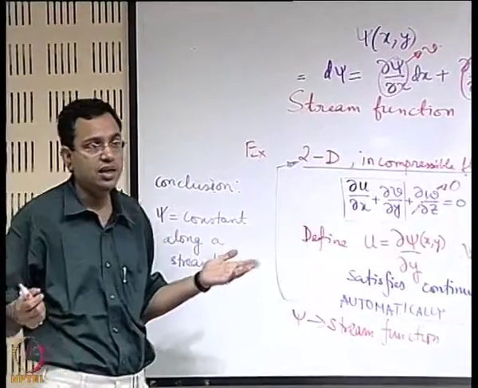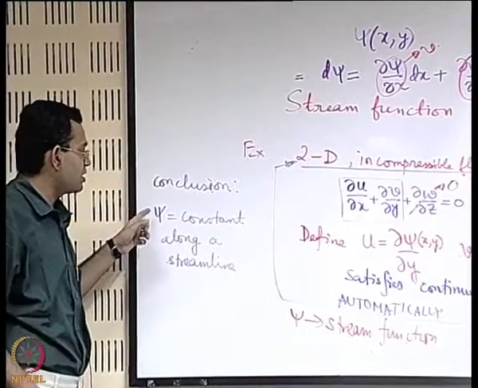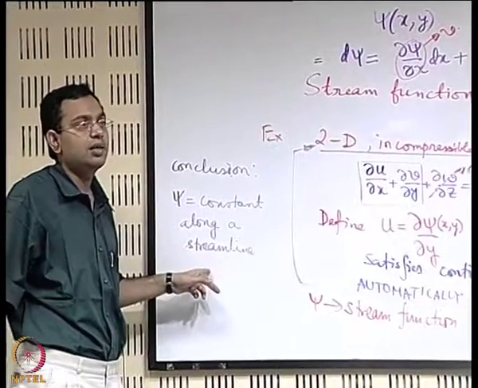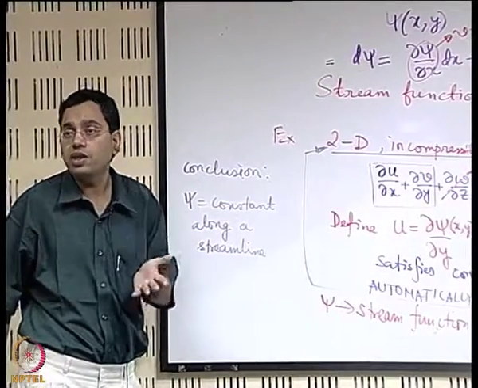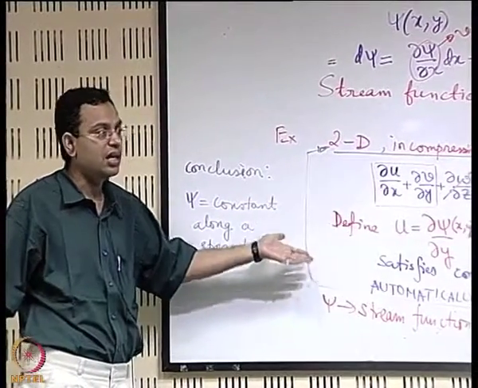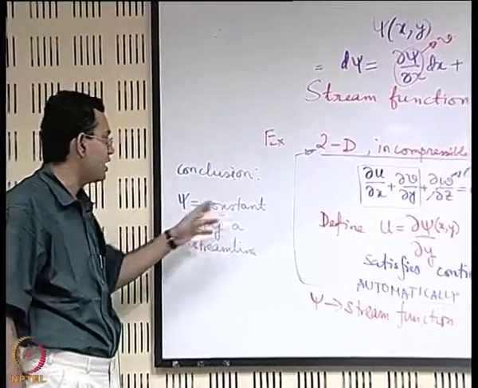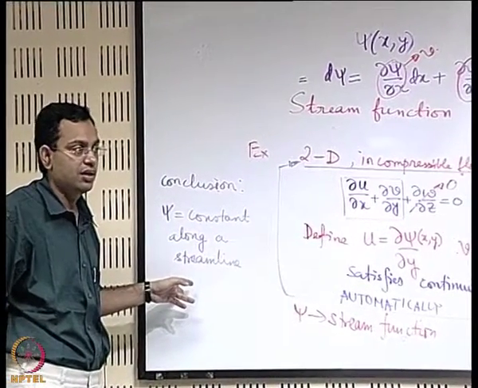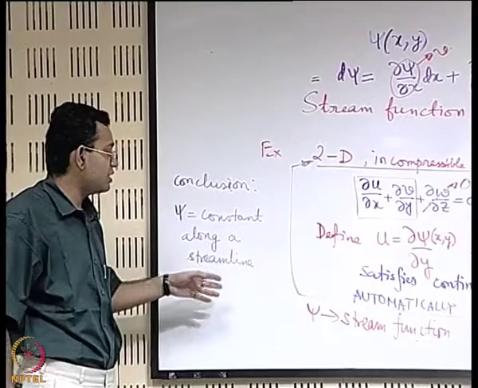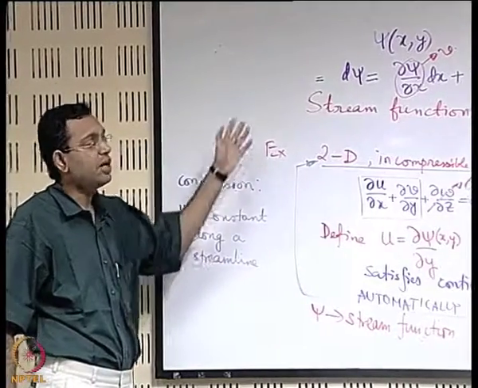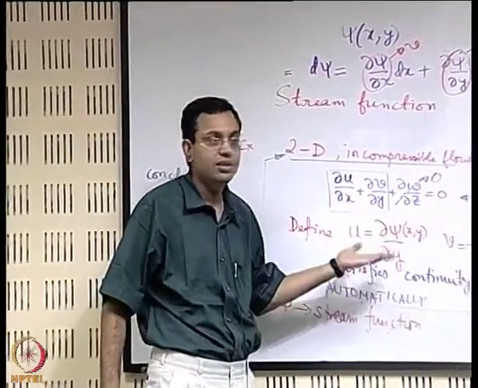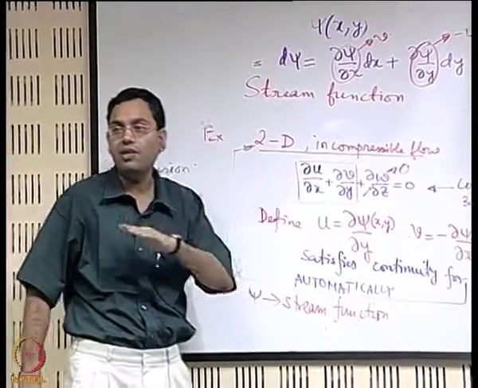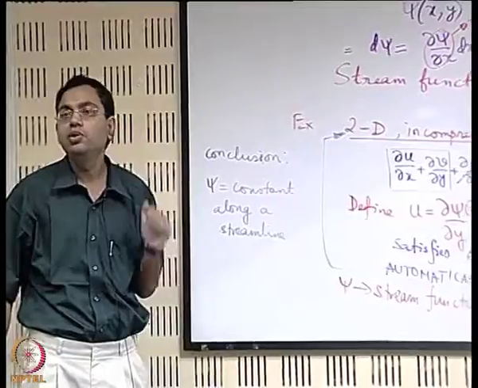A streamline is always there, but psi equal to constant along a streamline is not always relevant, because psi is not always defined. Only for 2-dimensional incompressible flow does this definition work, and only for that case we may say that it is constant along a streamline. It does not mean that the streamline is not there if it is not a 2-dimensional incompressible flow. It is very much there, but the stream function is not defined in this way. So you cannot have an analogy or relationship between those two.